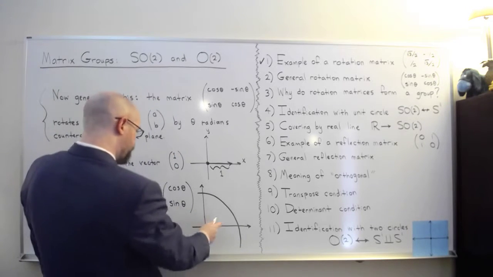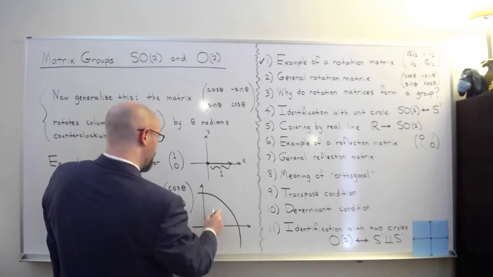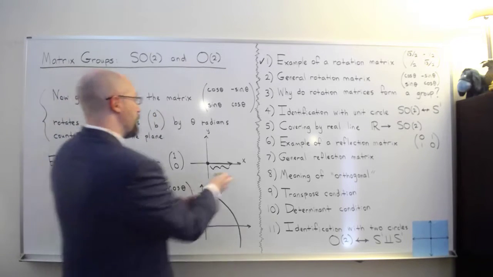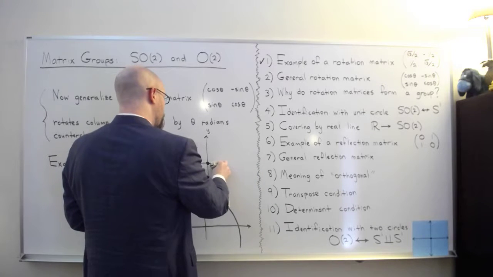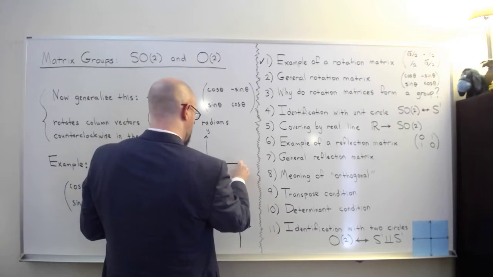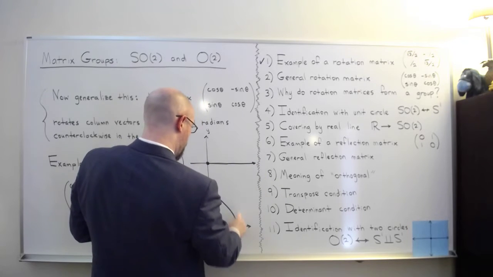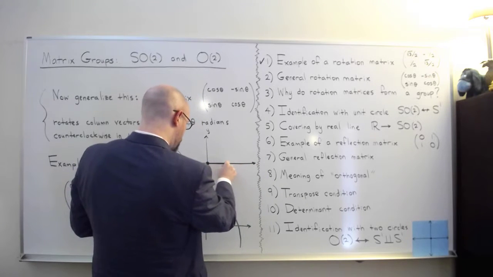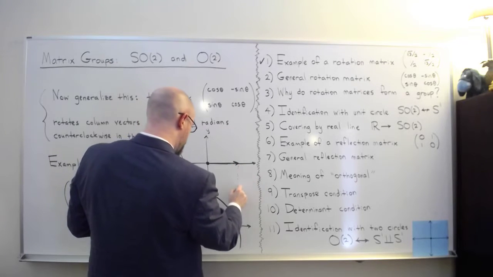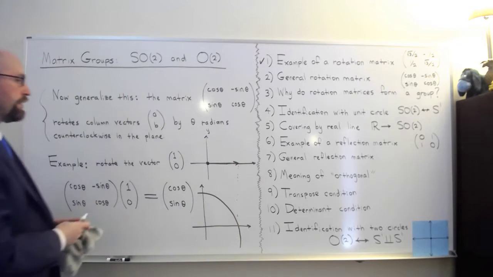Well, what happened is we had this vector of length 1. I'm going to cheat and make this one look a little bit longer, so I'm going to extend this out and have this vector go up to right there, so it looks the same length as that one there.